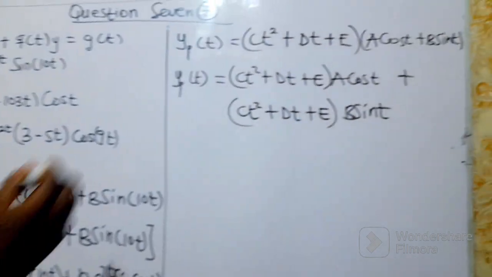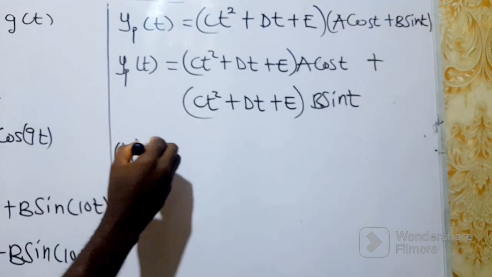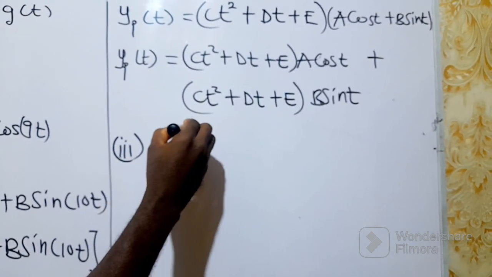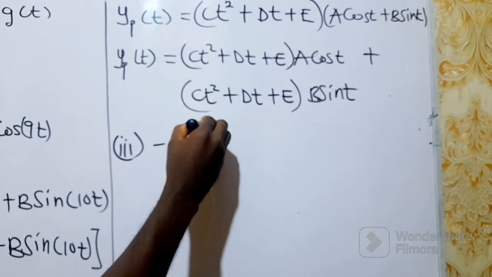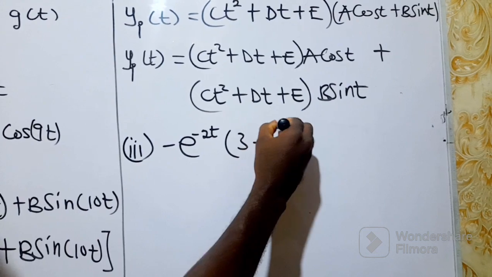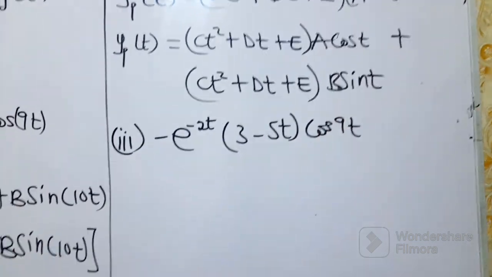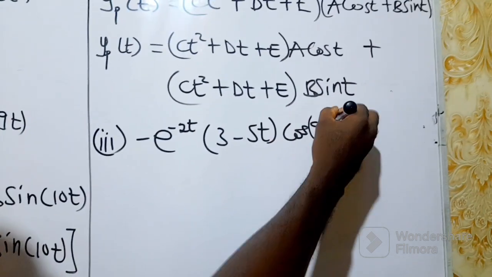Now let's look at the third one, which is negative e^(-2t) (3 minus 5t) cos 9t.